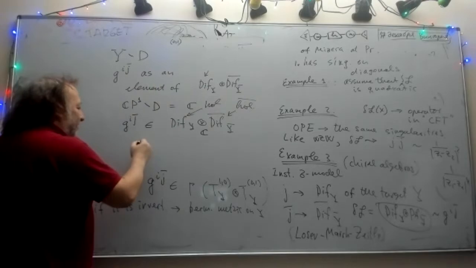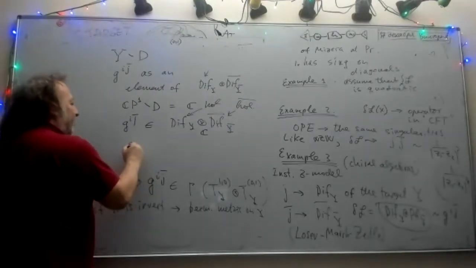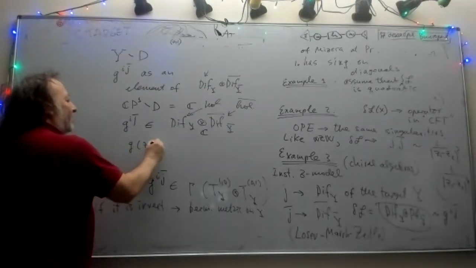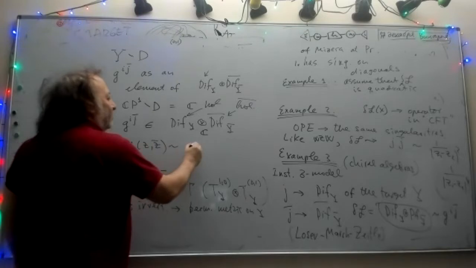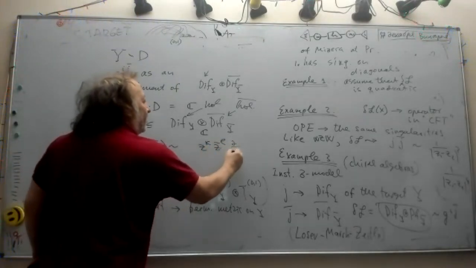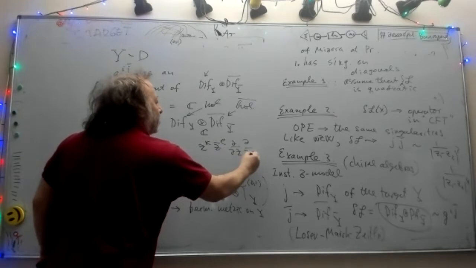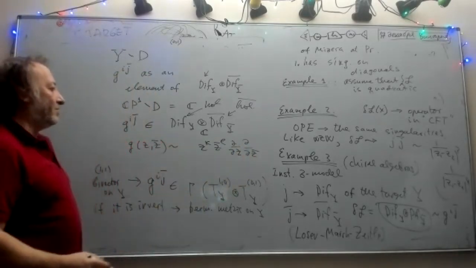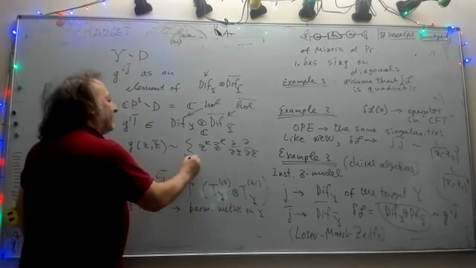So what I mean is that the smooth bivector could be decomposed as Z to the K, Z bar to the L, sum over K and L.